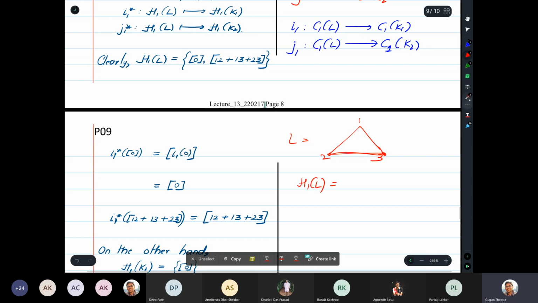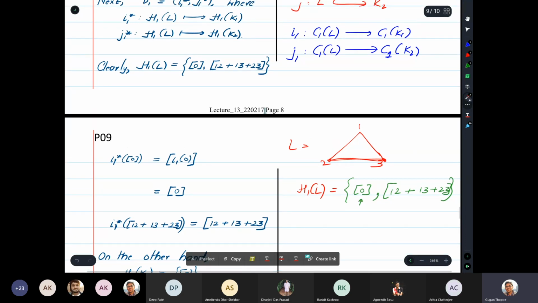So as you can see, there is only one cycle over here, and hence H1 of L will include the trivial element, and it would include the equivalence class that corresponds to this cycle over here. So these are the two elements that are there in H1 of L, and it is easy to see that H1 of L has dimension 1 because of this basis element that I have over here. So this is something we have done before. That's why I'm directly writing the answer, but this is something you will have to do if I give you a new simplicial complex over here. Right, so this is H1 of L.